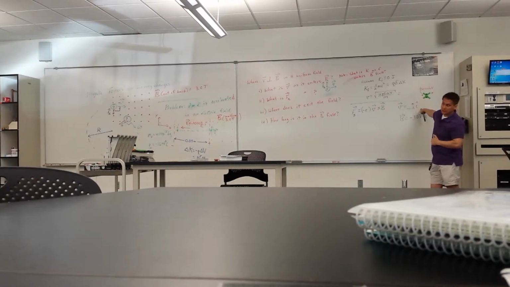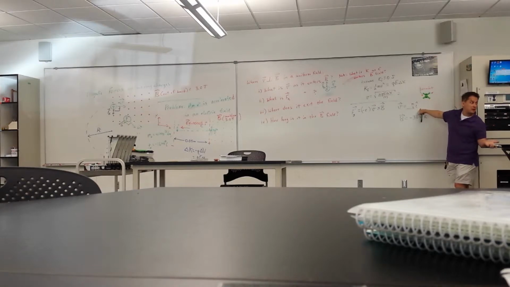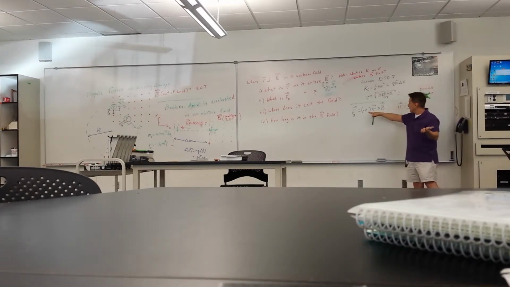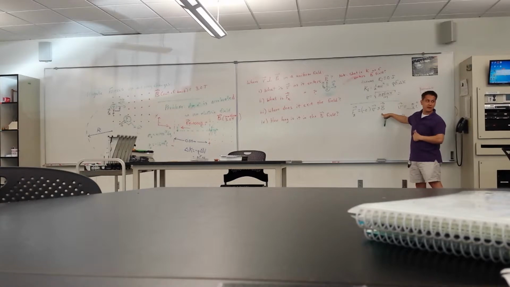So it's going to either be in the positive or the negative j direction, just because the force will be perpendicular to the plane of v and B. So however you look at it, it's going to end up going down, right? So you've got a positive here, a negative there, a negative there, and then the only question is whether the cross product is going to put us in the positive or negative.